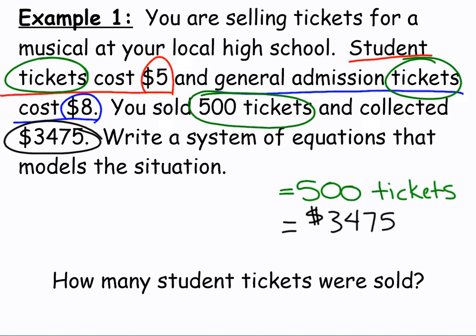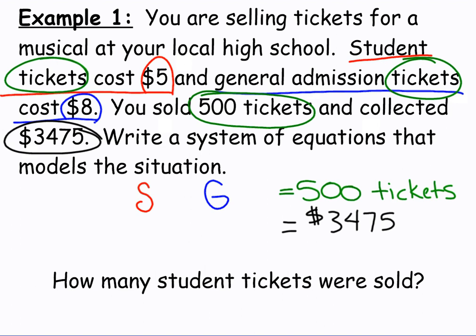First were student tickets. I'm going to use S to represent student tickets. You could use any variable you like, such as X or Y. S, for me, represents student. The other type of ticket that was sold was a general admission ticket. I'm going to use the variable G to represent general. Again, you could use any variable you want, but G makes the most sense to me.